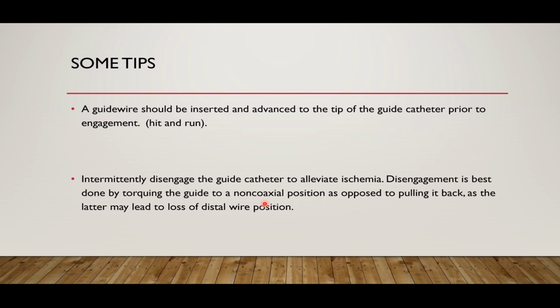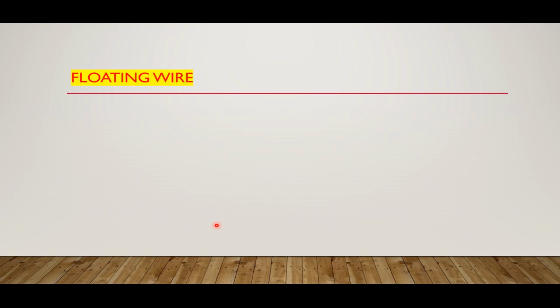For example, if you engaged by clockwise rotation, please disengage by anti-clockwise rotation. However, if you pull back the guide catheter, the whole system may come out of the coronary. So don't do this, please.